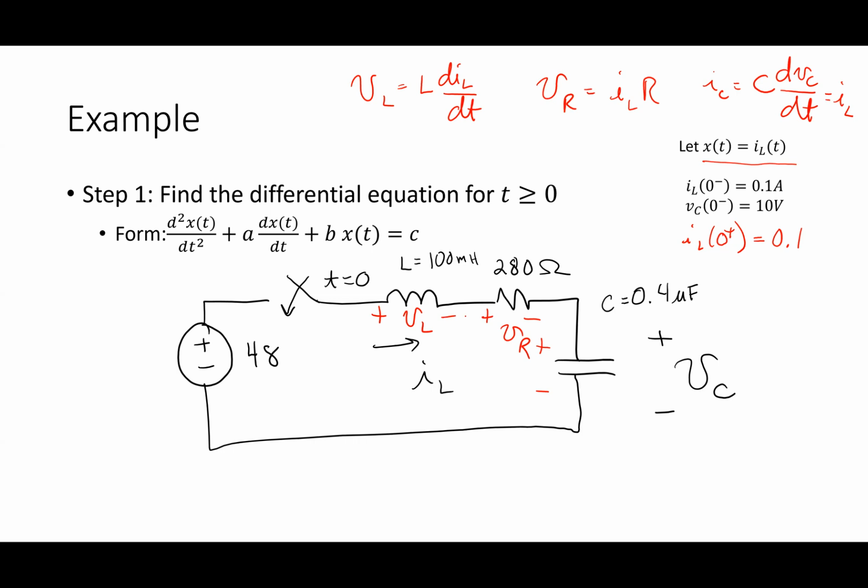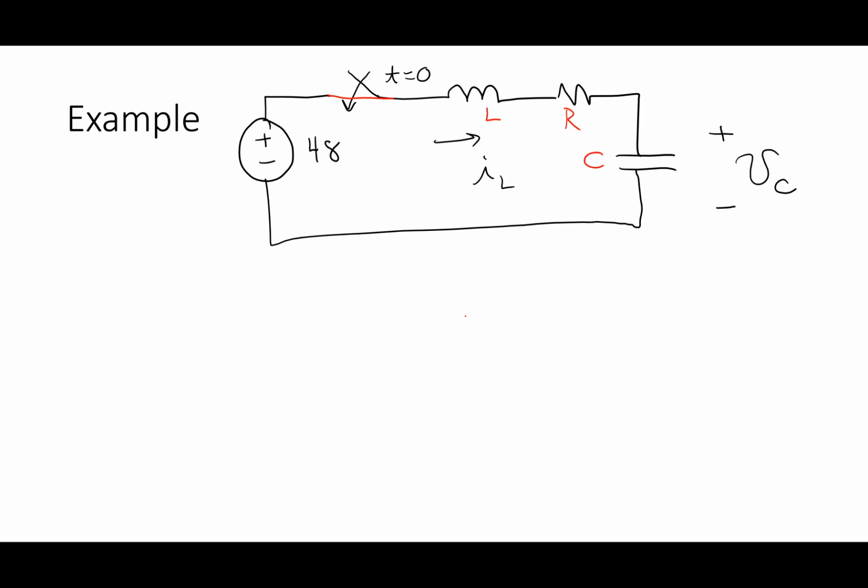Knowing all that, now I'm going to do my KVL. I'm going to say 0 equals, and I always go around like this. Let's call this VL, call this VR, and VC I already did. So 0 equals, how do I do this? If I go around in a clockwise direction, first I go through the 48-volt source.